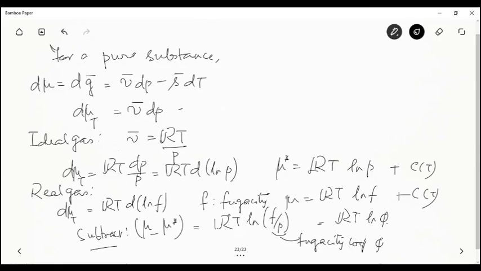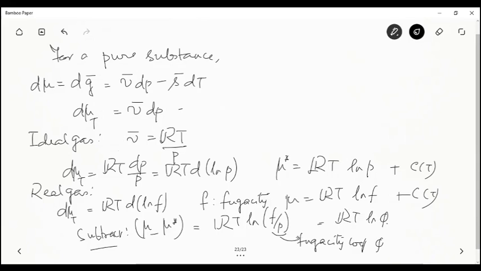So that is your expression for mu minus mu star, where mu is the chemical potential of a real gas at temperature T and pressure P, and mu star is the ideal gas limit value of this, at the same pressure P. So this is the definition that we get, where phi is called the fugacity coefficient.